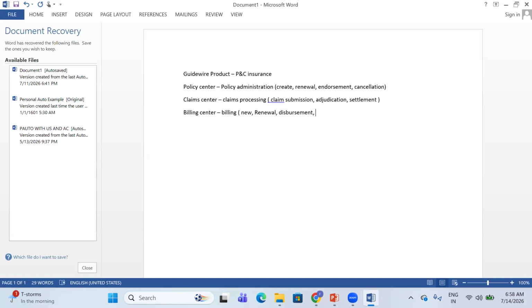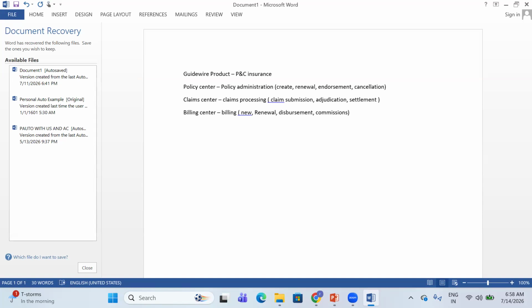After disbursement, next is commissions. Commission means any insurance company gets new business from brokers or agents. We know that. So the insurance company will pay some amount of money, 5% or something, as insurance commission to the agents, whom we generally call producers.